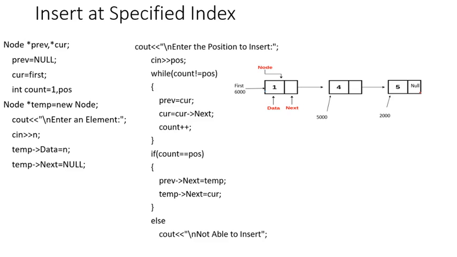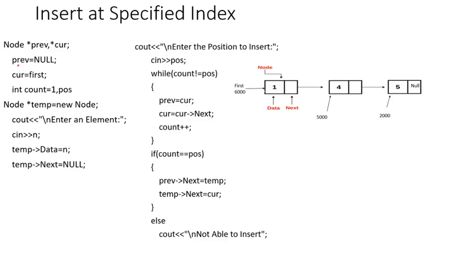Now the third case is insertion at the specified index. For this we have made use of two pointers, that is the prev pointer and the current pointer. The current pointer is pointing to the first node in the list, and the prev pointer is initialized to null.